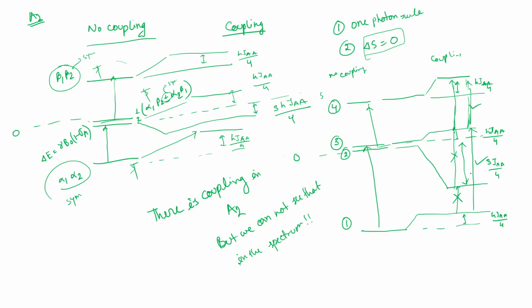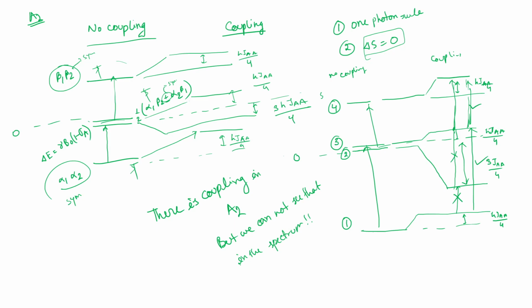Now when you are going to see the transitions, you also have to include two things. Earlier you were using a one photon rule, but now, as those are equivalent protons, you have to also consider the spin multiplicity. So the spin rule comes into place: the change in spin multiplicity should be 0.